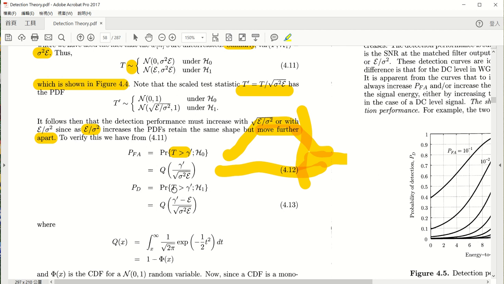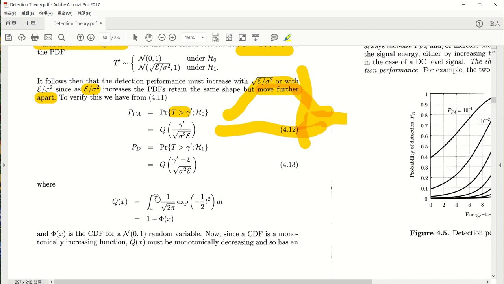So you have to subtract epsilon, and then of course gamma prime will also minus epsilon, and then divide it by the square root of this, and then of course the right hand side divided by this, then it becomes a standard Gaussian. And then when a standard Gaussian is larger than something, it goes back to the Q function tail probability again. So you will get this Q function of this.